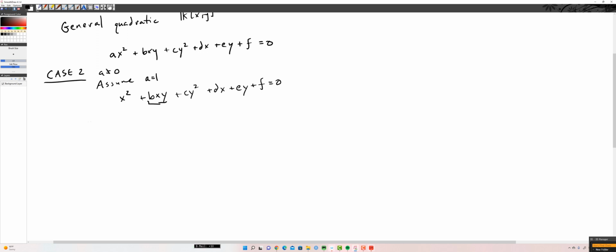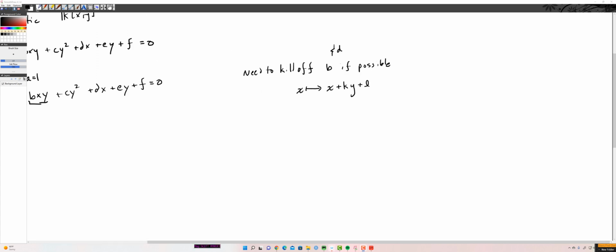You'll see why in a second it makes so much sense to remove one of these, but for now, take it on faith that removing this term right here is a good idea. So the goal is we'd like to kill off b if possible, and we'd like to kill off one of d or e if possible. We'll choose d.